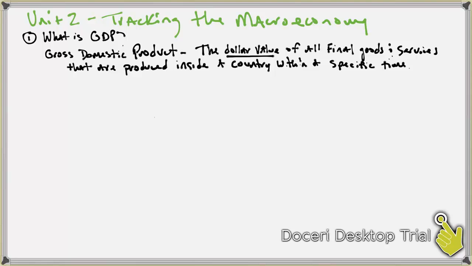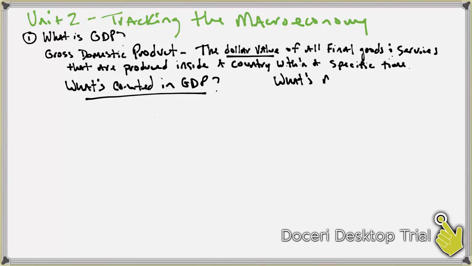So in AP Econ, it's important for us to know what would or what would not be included in the GDP. So we're going to create two lists. We're going to say what is counted in GDP, and then our second list is what is not counted in GDP.